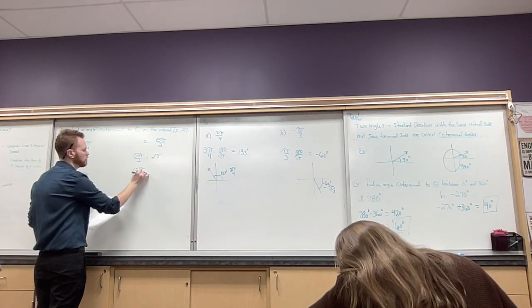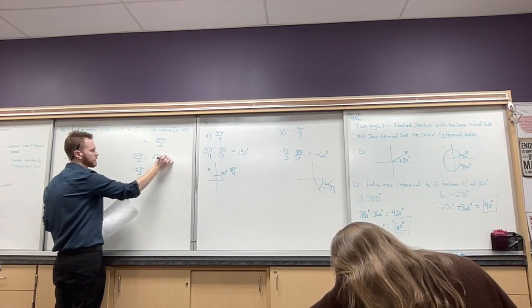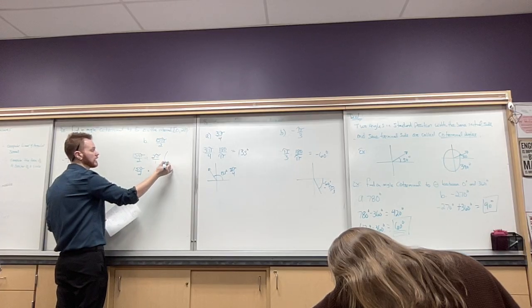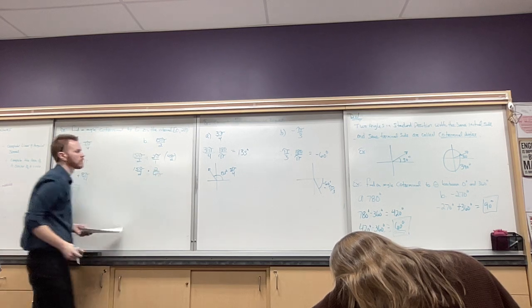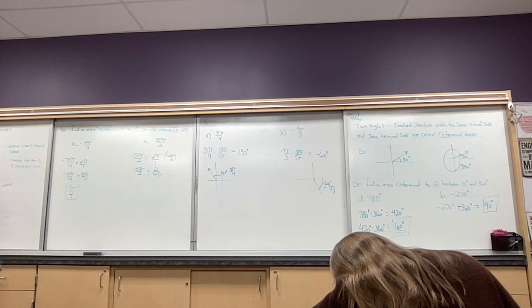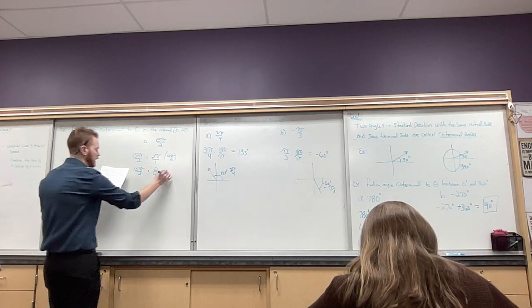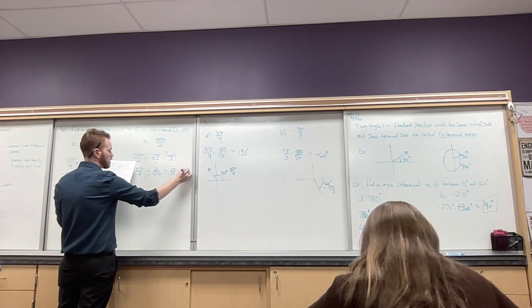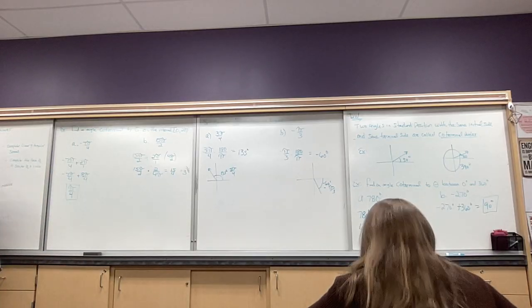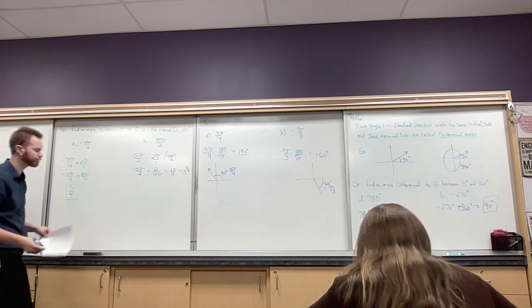If I rewrite it as a fraction, that's 15 pi over 2 divided by 2 pi over 1, which is 15 over 2 times 1 over 2, giving us 15 over 4, which would end up being 3 and 3/4 of a revolution. So you're going to go around 3 times. That's what that's telling you. So I'm going to be subtracting 2 pi 3 times to get that coterminal angle.